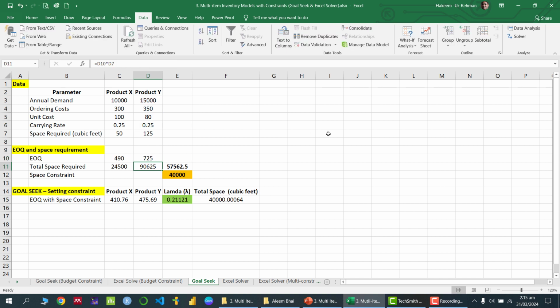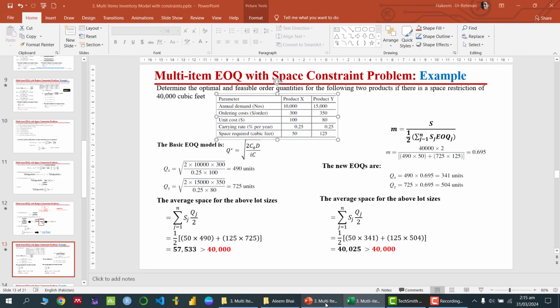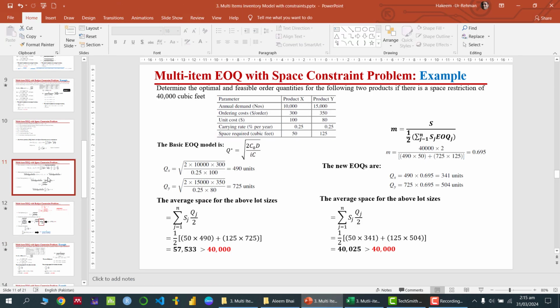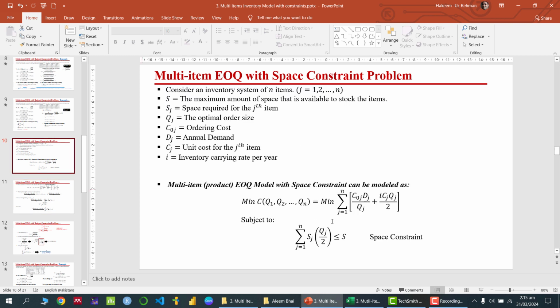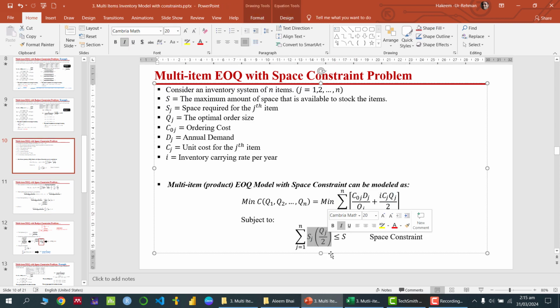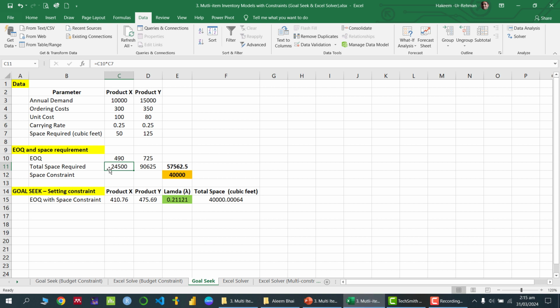Same is the case for Y, and then we are calculating the total space required. So for total space we needed, we are simply multiplying: product X requires 50 cubic feet, and Y requires this one.